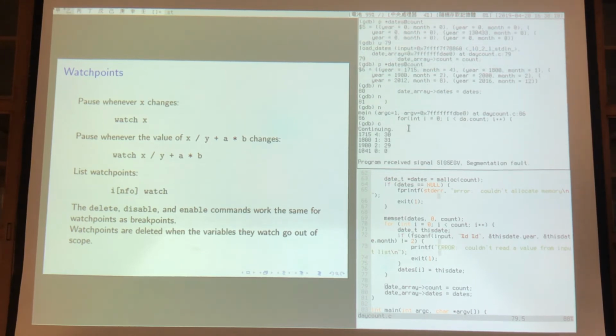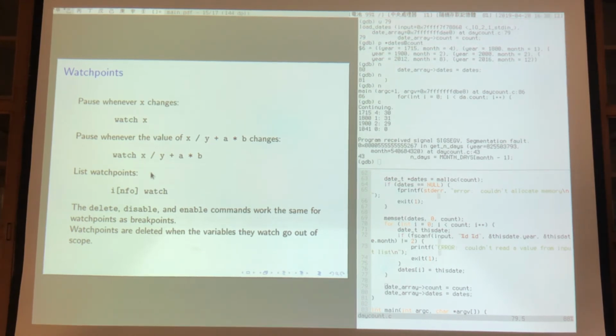So one thing I should mention about watch points is in C, as you know, variables only persist within their scope. So if you declare a local variable inside of a function, then you can only access that variable inside of the function. And unfortunately, or perhaps fortunately, watch points work the same way. When you watch a variable, you can only keep that watch point for as long as you're inside of the function or the scope for which it's defined.